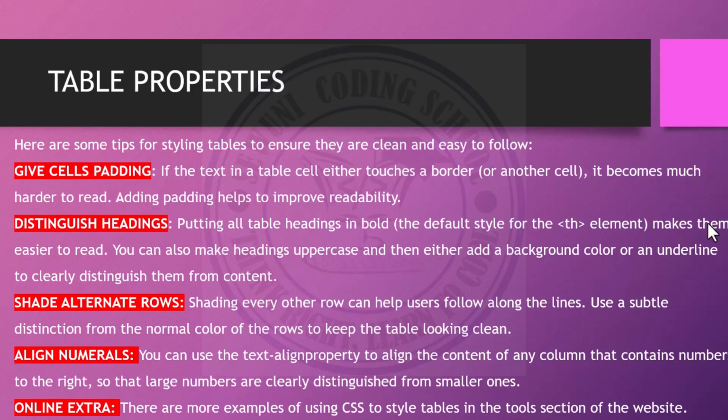You can also make headings uppercase and then either add a background color or an underline to clearly distinguish them from the main content. Let's say you are differentiating between boys and girls and it's a 2-column table. Each column header should be uppercase to differentiate it from the differences we're going to list under it, or it should be colored just to separate it from the main content.